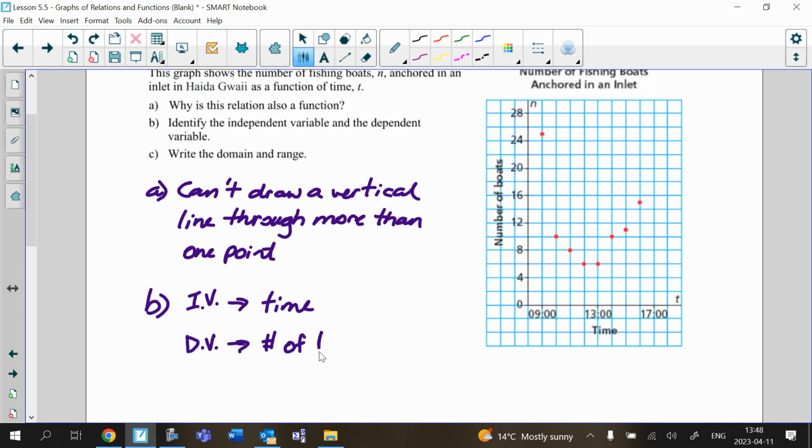Write the domain and range. Okay, what's the domain? So you got to be able to read these. So what's it going up by? First of all, it's going up by, no, the independent. We're going up by, so here's 9 o'clock, 10, 11, 12, 13, 14, 15, 16, 17. So it's going up by 1 or 1 hour.